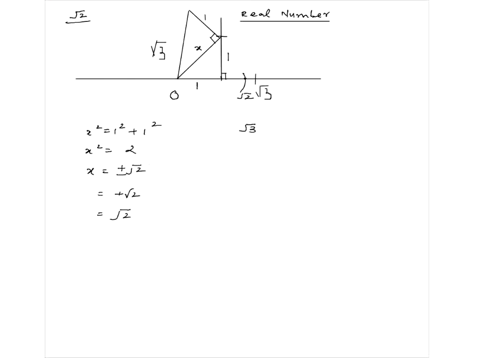One can of course mark these points by finding the decimal value. So one can obviously say that take root 2 as nearly 1.4 and then mark 1.4. But technically it won't be accurate to a great extent.